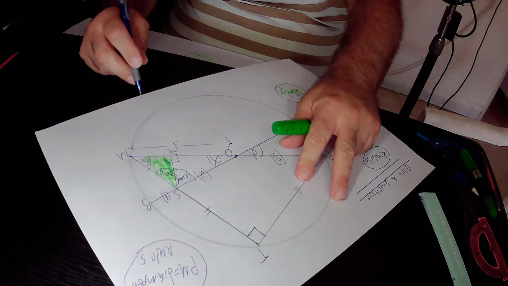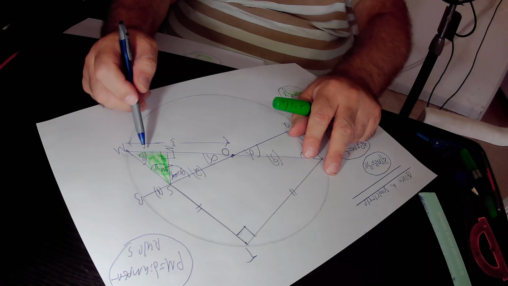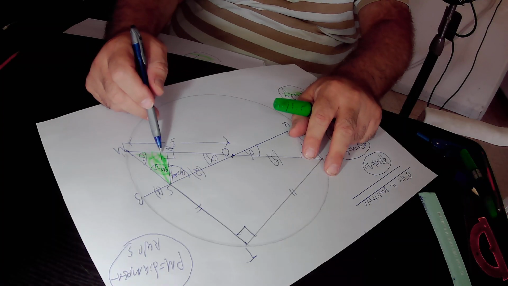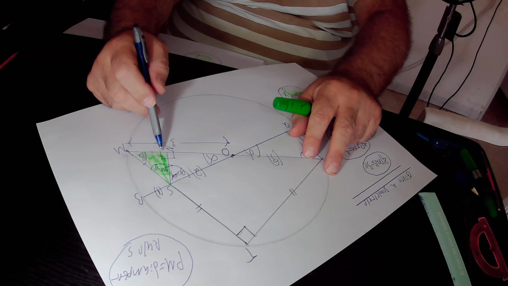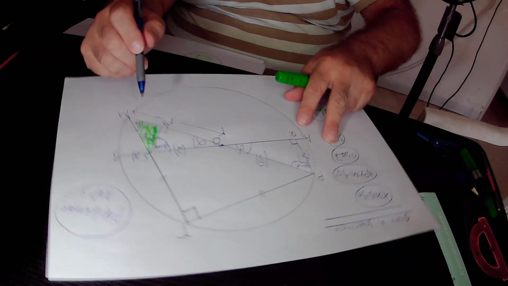Why? Because 90 degrees minus beta plus beta is 90 degrees, and 90 degrees plus 90 degrees is equal to 180 degrees. That is the sum of the angles in any triangle.